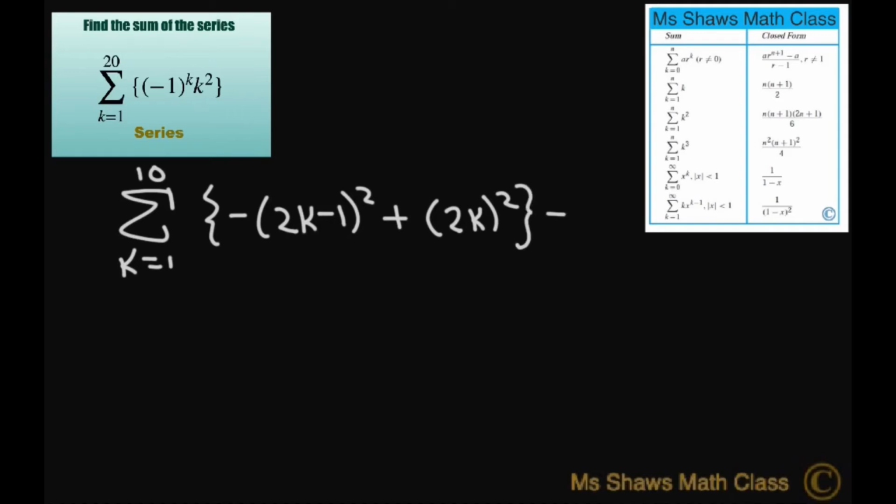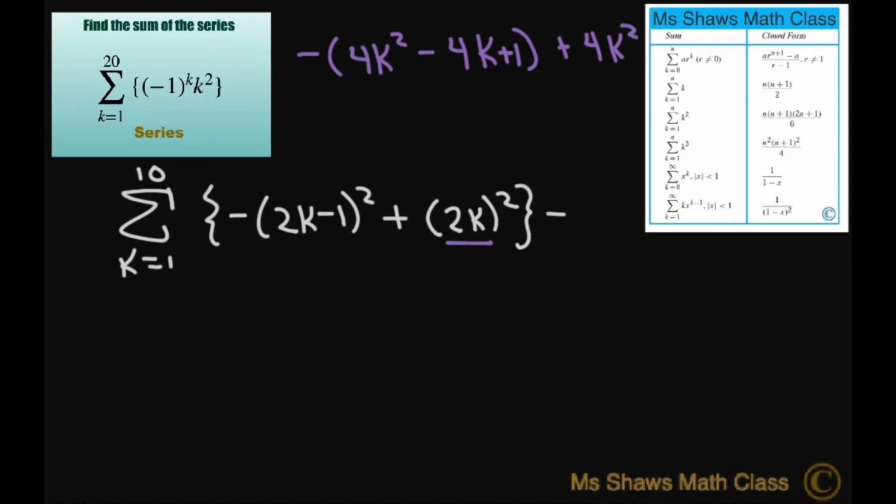Now let's see what this is going to give me. So we have negative 4k squared minus 4k plus 1, and then this piece here is going to be plus 4k squared.